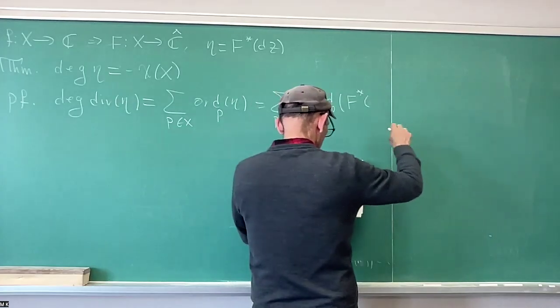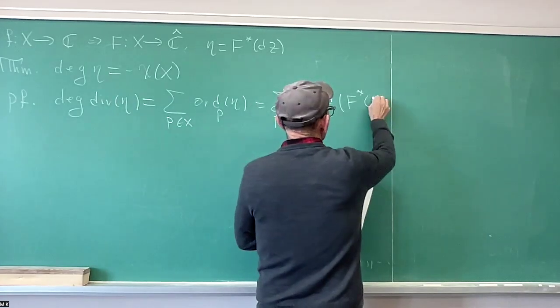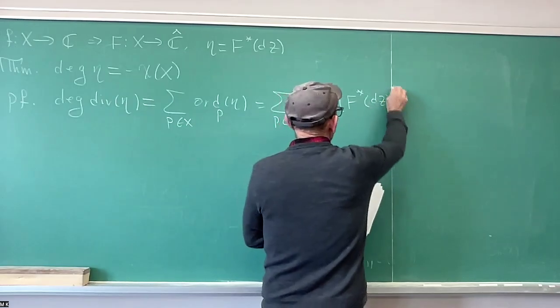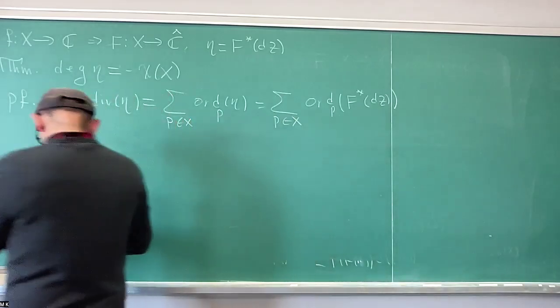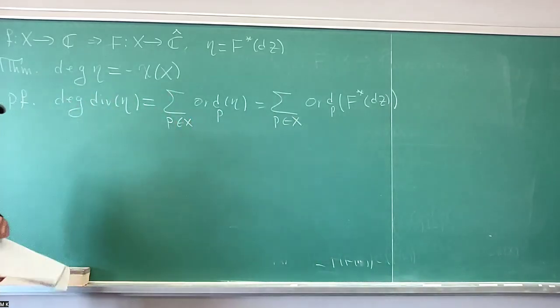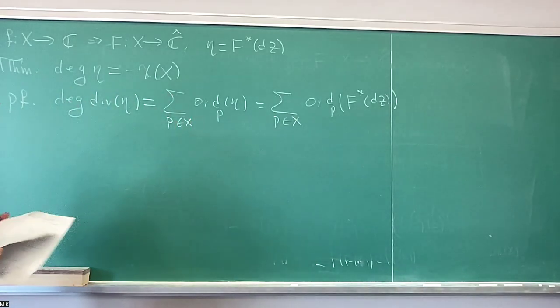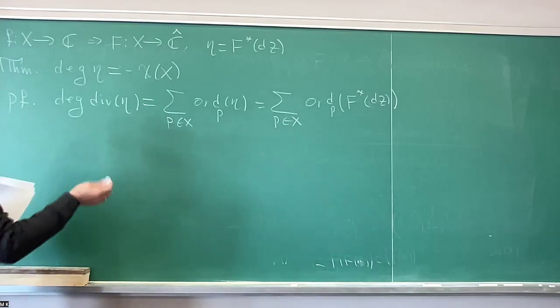Omega is dz, f star of dz. Okay. So now we break the sum into two pieces. That's a crucial step.